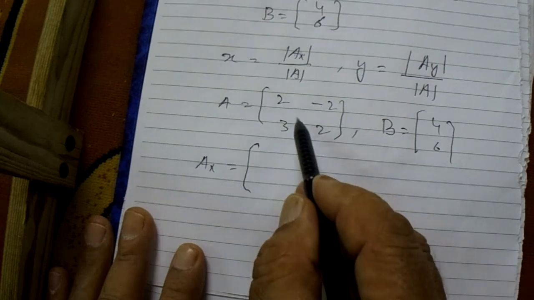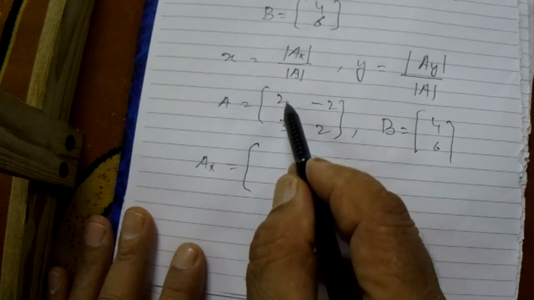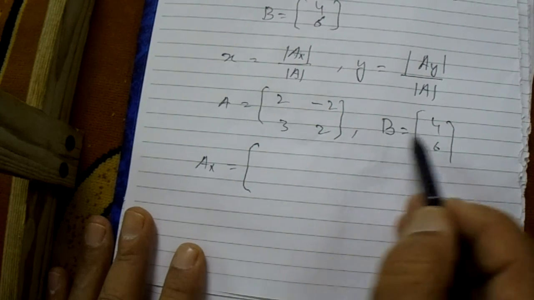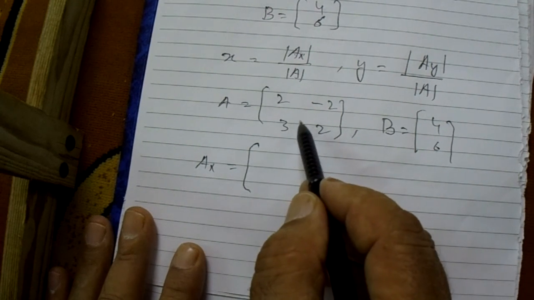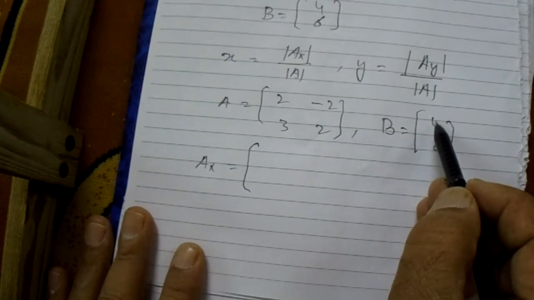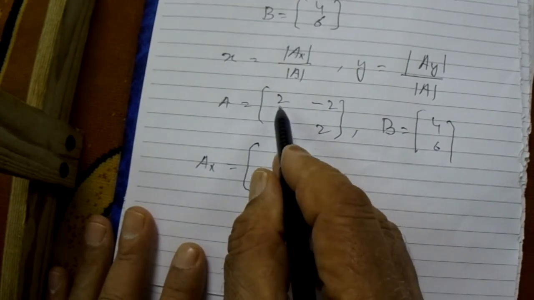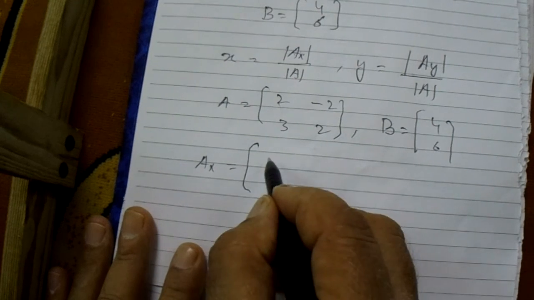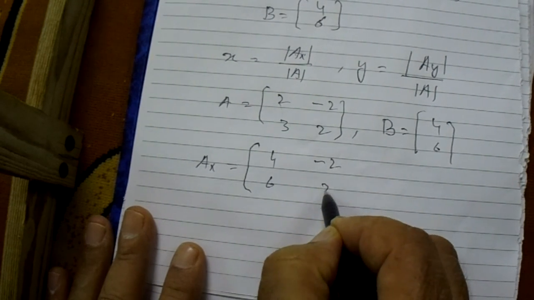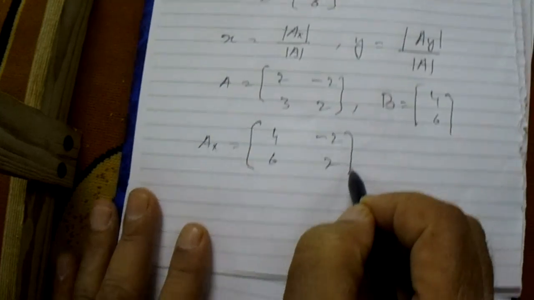See here, this is our first column, and we replace this column by these values. In place of this we write 4, 6, and again the same -2, 2. This is our matrix AX.